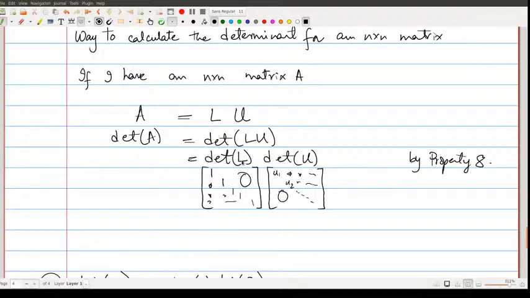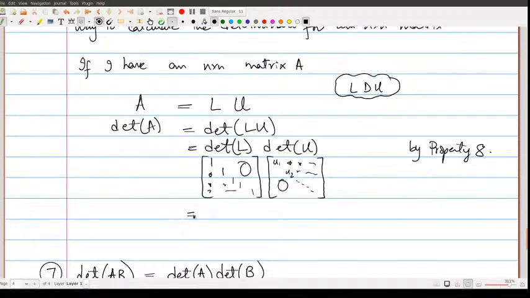Or if you want to make this even more precise, maybe you could do the same thing with LDU. You can try that out later, and you can see how you can compute the determinant if you have the factorization LDU. But over here, I can just note that now, if I'm finding the determinants, the determinant of this matrix just has 1s on the diagonal, which means the determinant is just going to be equal to 1.